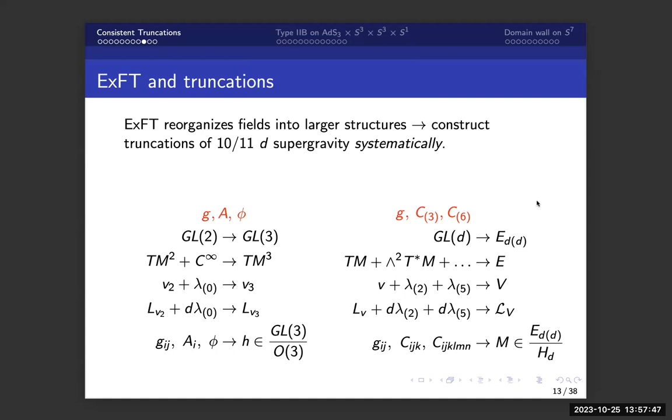Also the differential operators that define the algebra get combined into a generalized Lie derivative, which acts along sections of E. Again, all the internal degrees of freedom of the theory parameterize a Riemannian metric on E, which is an element of the coset space EDD divided by the maximal compact subgroup HD. This will be quite important for one of the examples.